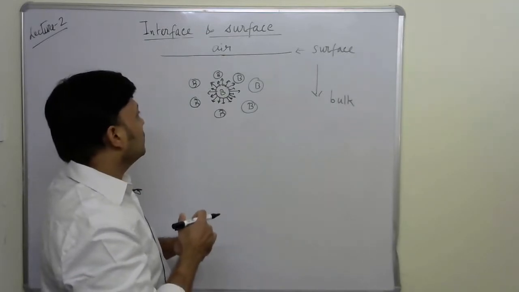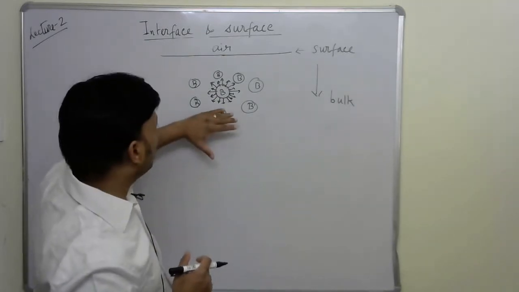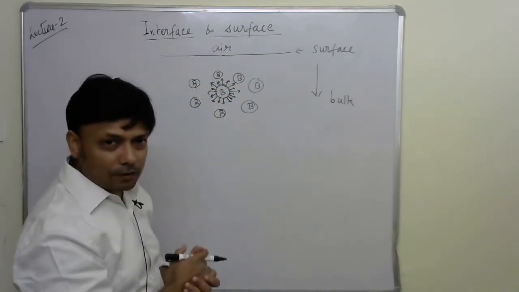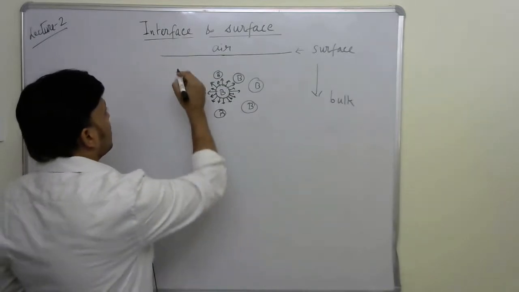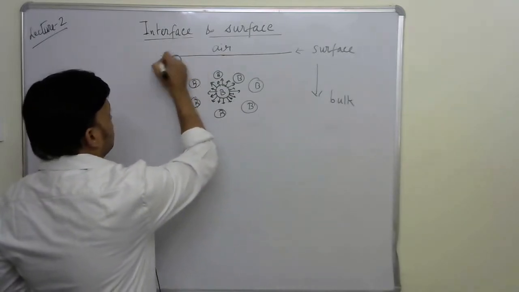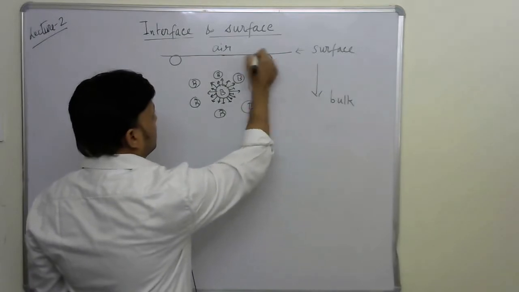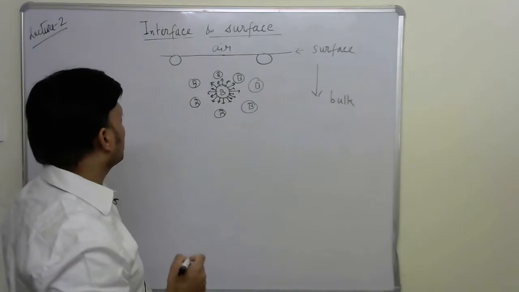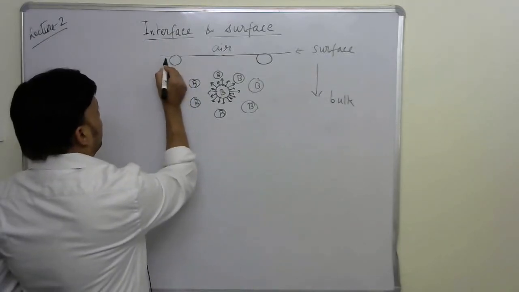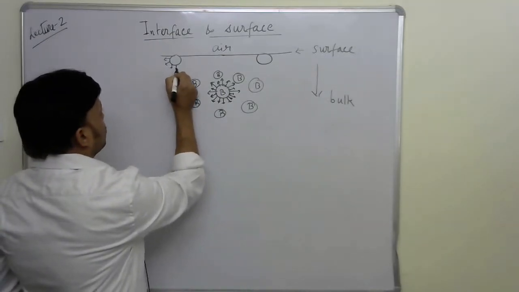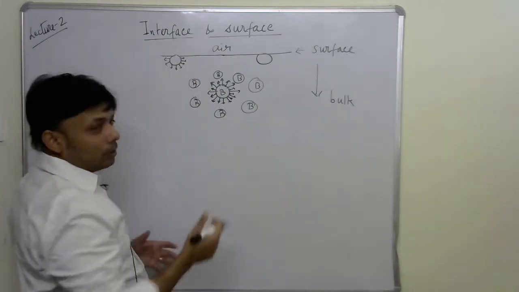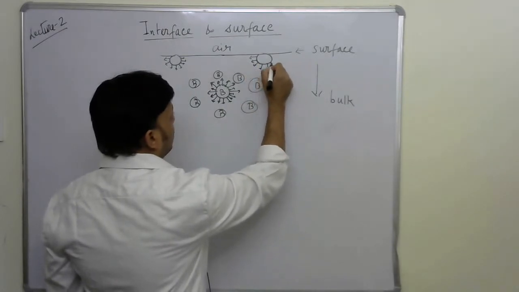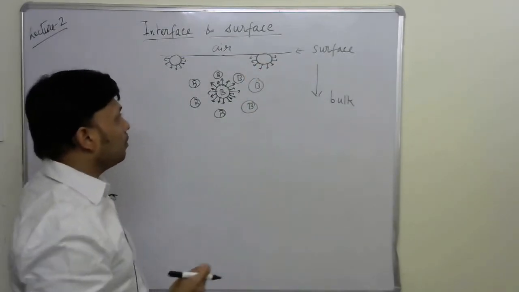But think about the molecules that are coming towards the surface, or present near the surface. Let me draw this kind of molecule, just right near the surface. There you will see that once again it will experience this force of attraction towards the bulk, because the molecules at the bottom or side would be pulling the molecule towards the bulk.